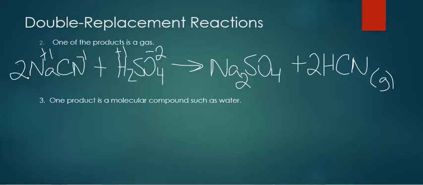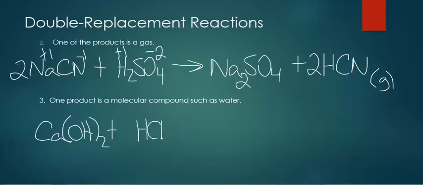Then finally, the other driver is you produce a compound such as water. So for example, calcium hydroxide reacts with HCl, charges +2, -1, +1, -1.